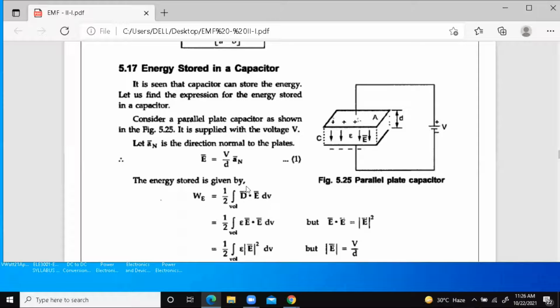The energy stored is given by this, which we went over last week. And now we are just going to work the math for D and E for a parallel plate capacitor. We know that D is epsilon E, and E dot E is nothing more than E squared.